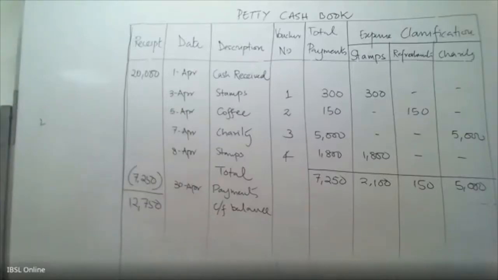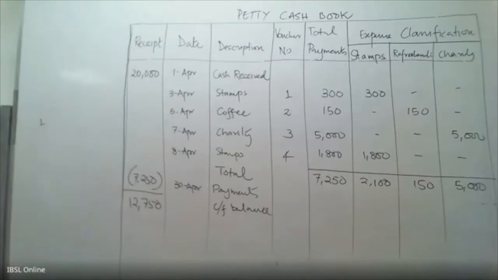Okay, so I hope you have understood the petty cash book, and that is all about the books of original entry or prime entry. We are done with all the topics relating to the books of prime entry.